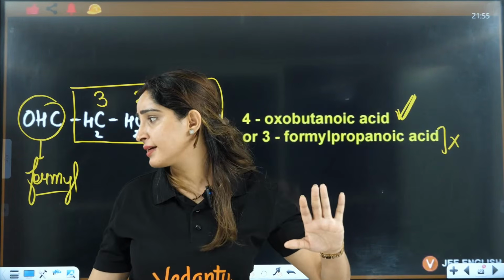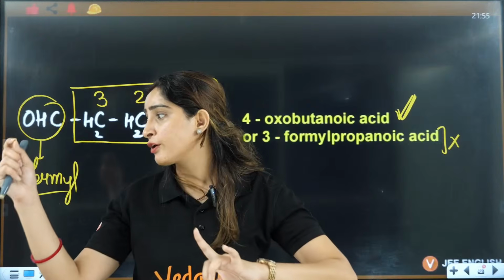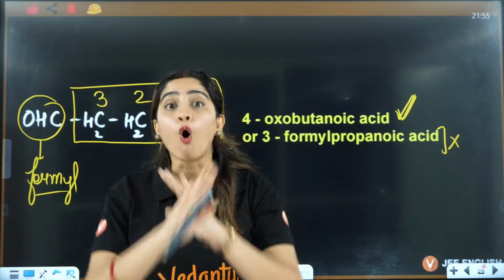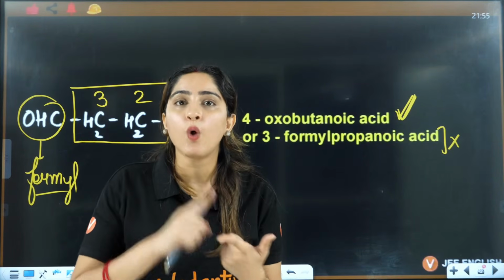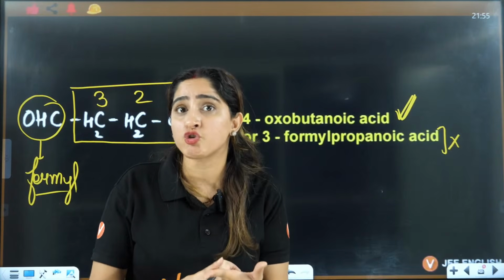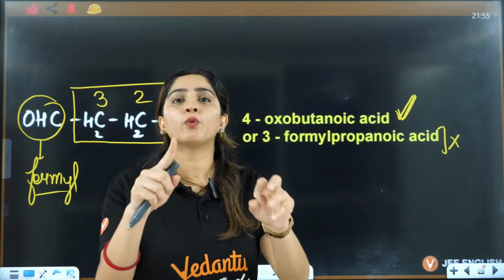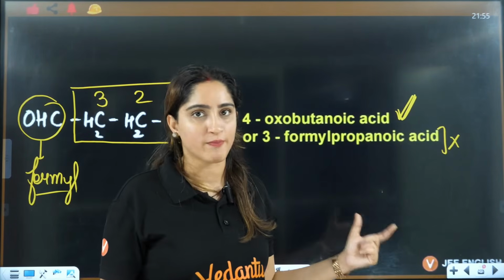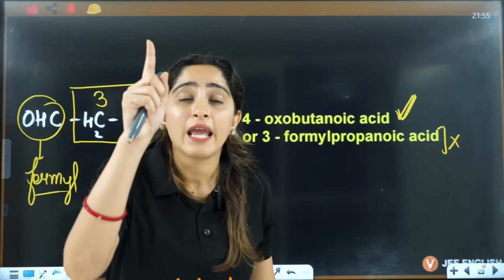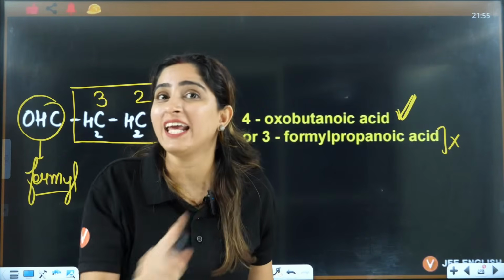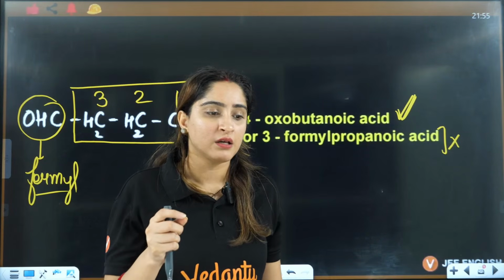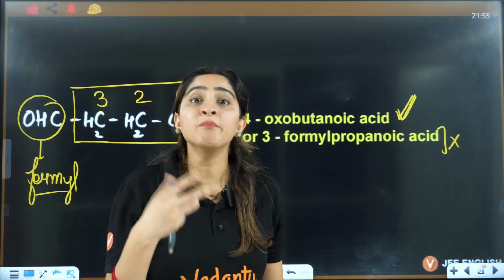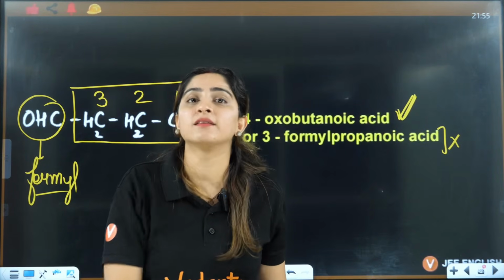Now someone has written 4-formylbutanoic acid. This is wrong. If you are including CHO in the parent chain, you will write oxo. If you are not including it, only then you can write formyl. But you exclude it only if it is impossible to include it in the parent chain.